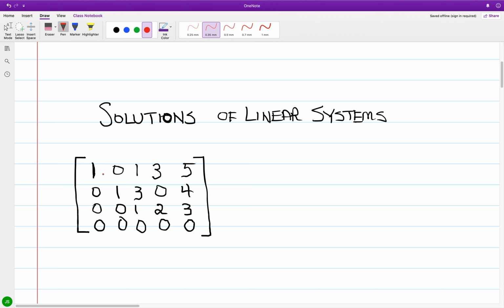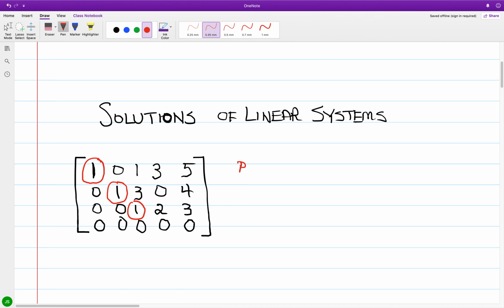Starting from the upper left-hand corner, you have 1, which is above 3 zeros. Next, you have the next non-zero element, this one, and then moving down, the next leading element is a 1, and the bottom row is all zeros.